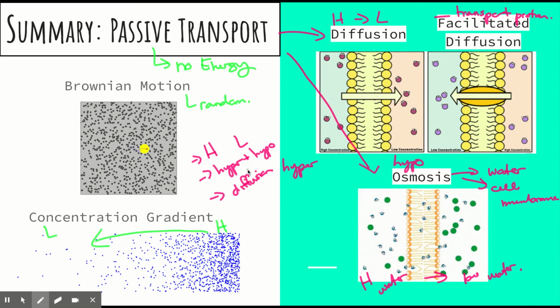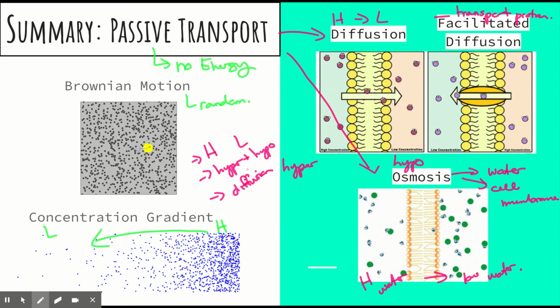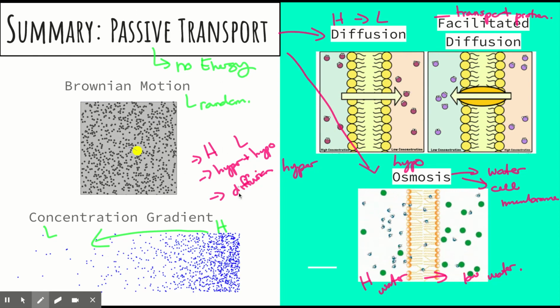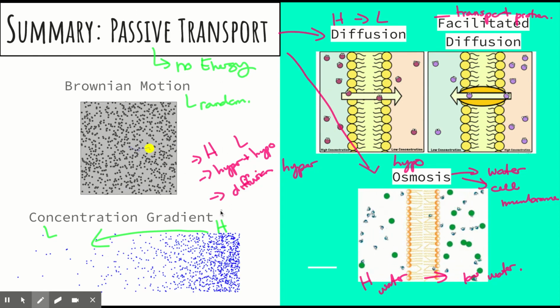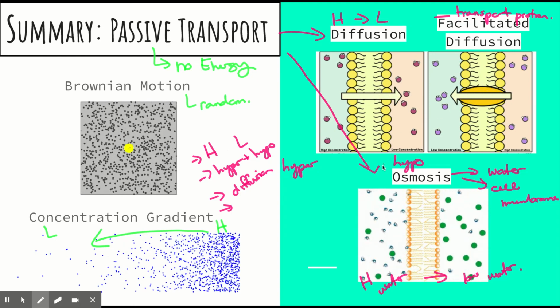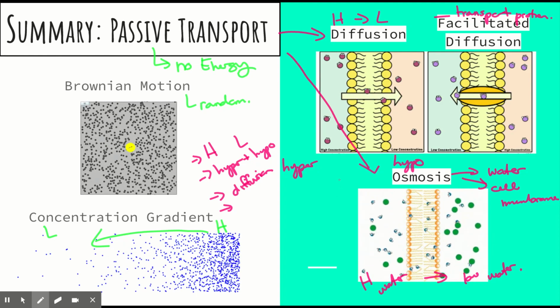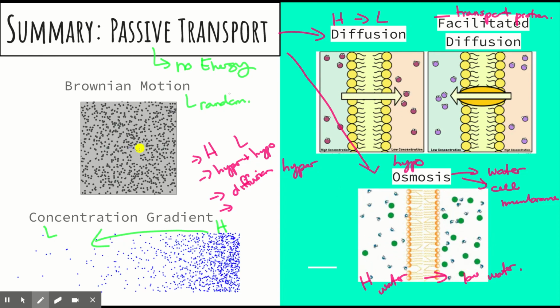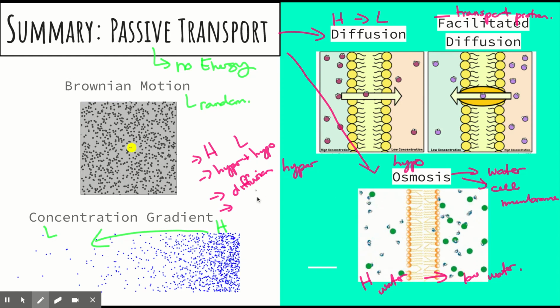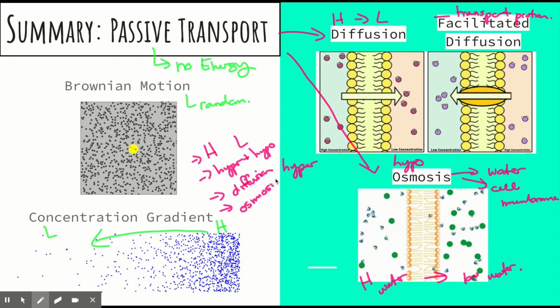So this could be basically any substance except water, for the most part. It could be facilitated, but that means that you need that little transport protein that's helping it out. And this could be any particle depending on the membrane and what's allowing it to go through. Or if you're dealing with just water transport, the process is through osmosis.